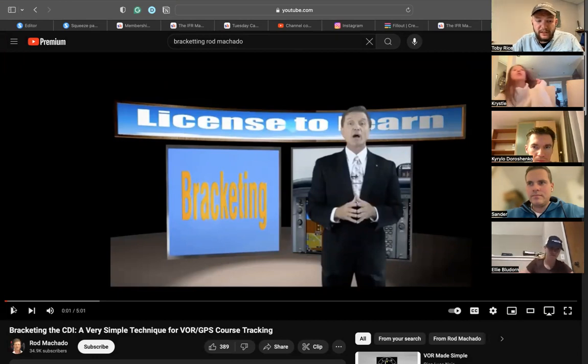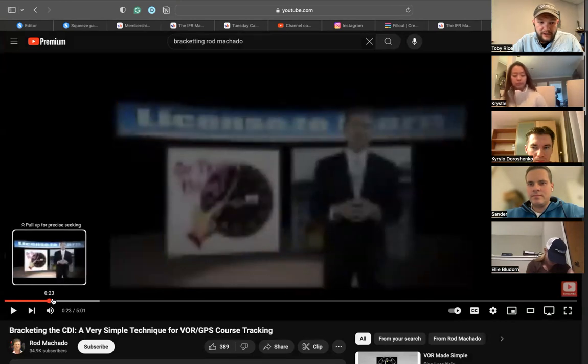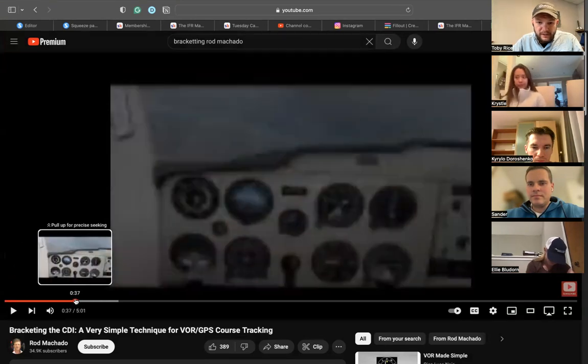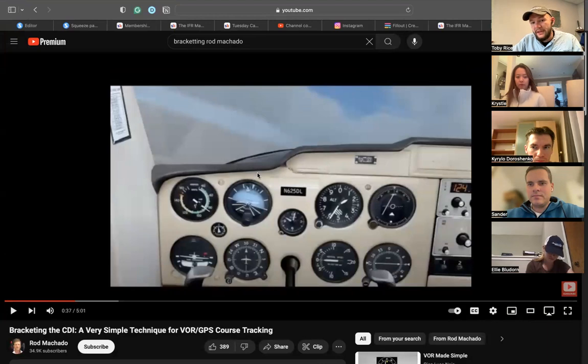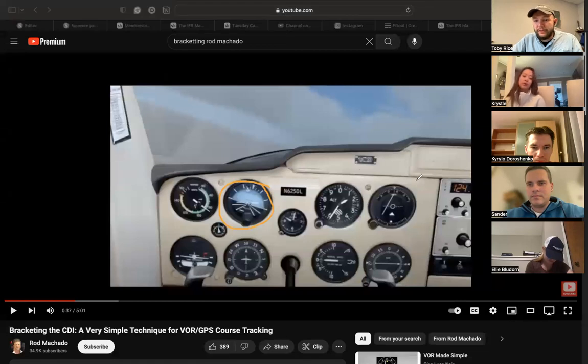But basically, the concept that he is teaching is that you should be using the attitude indicator primarily with the course deviation indicator, and keep your scan between these two.